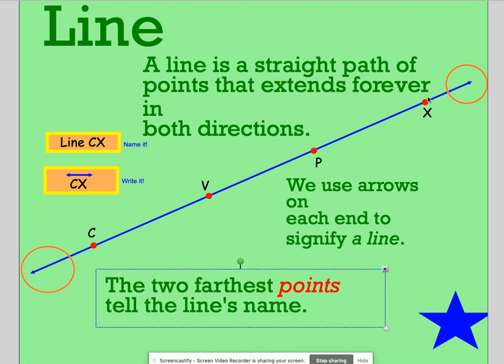Those are the 2 points that I'm going to use to name this line. So if I'm just naming it, I would say line CX. In geometric notation, however, you have a symbol. So this is a little bit different than what we just had with the point. You have a symbol where you would have a line with 2 arrows over the letters C and X.